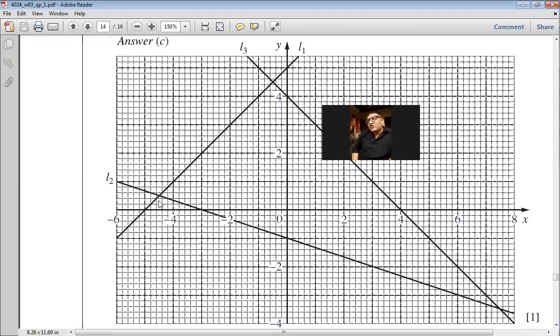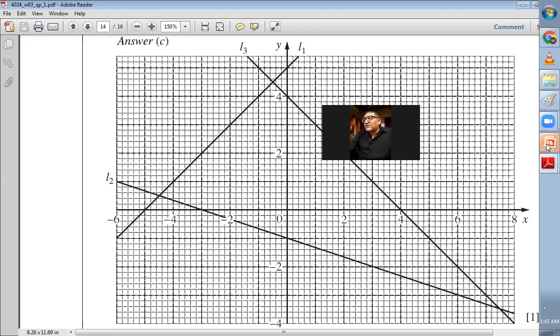The x value is minus 4.5 and the y value is 0.5. So line 1 and line 2 intersect at this point here. So I can read the coordinates of them. That's the solution of their simultaneous equations. So minus 4.5 will be the x value and 0.5 will be the y value.